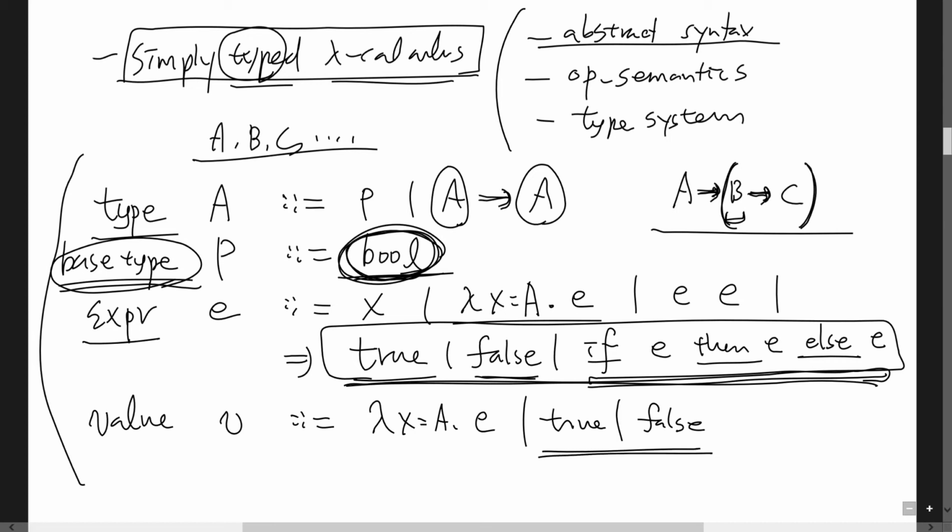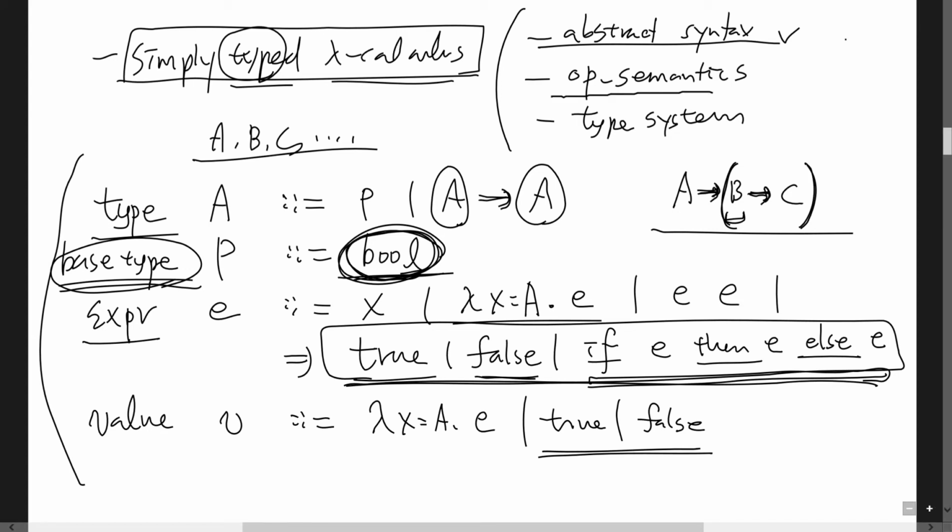And of course, like I said before, we may decide to introduce a new base type, for example, int, in which case you have to provide primitive constructs for integers, and you also have to extend the set of values as well. But for our case, we only consider this base type bool only. So that's the abstract syntax.